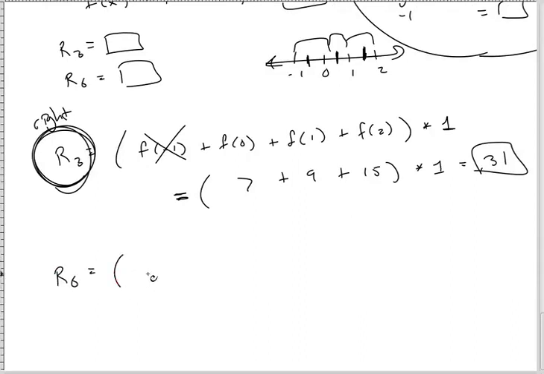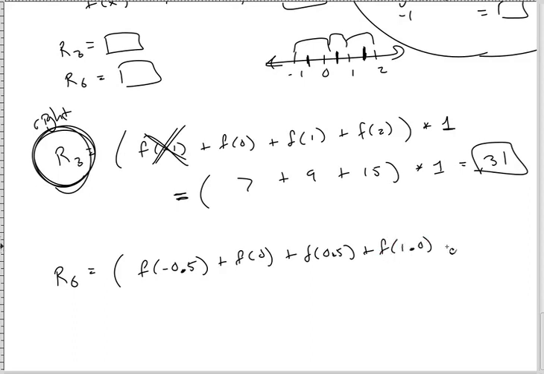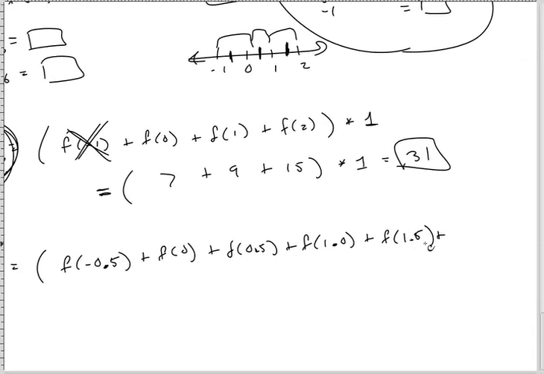Now, for R6, very similar situation. I do not want to include the -1. I'm going to actually be starting at -0.5, and then 0, and then +0.5, and then 1, and then 1.5, and then finally the 2, and then all of this times 0.5. We're not multiplying by 1.